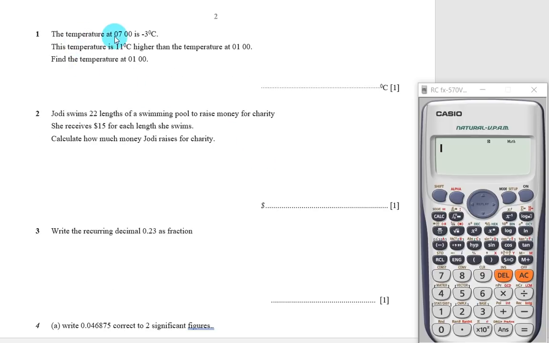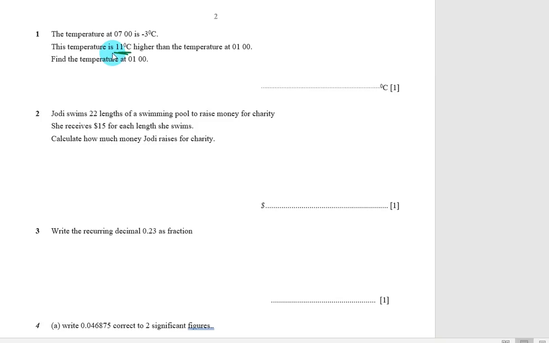The temperature at 7 is minus 3 degrees Celsius. This temperature is 11 degrees Celsius higher than the temperature at 1. Find the temperature at 1. So the minus 3 degrees Celsius is 11 degrees higher than the temperature at 1.